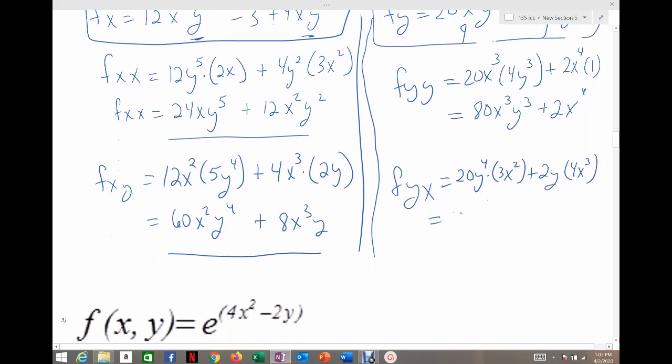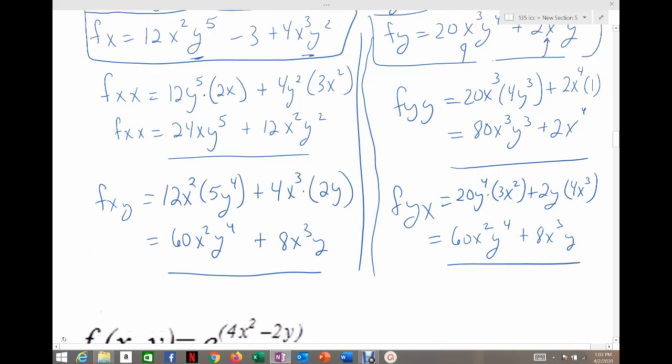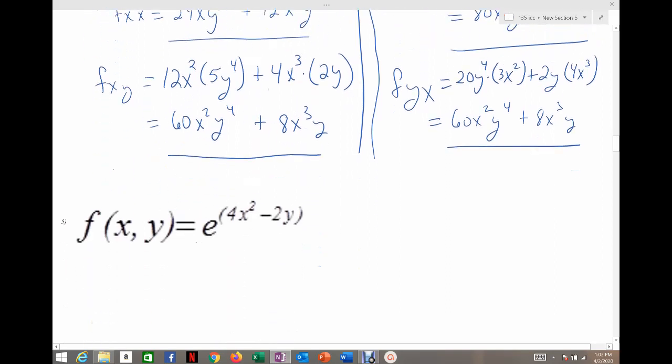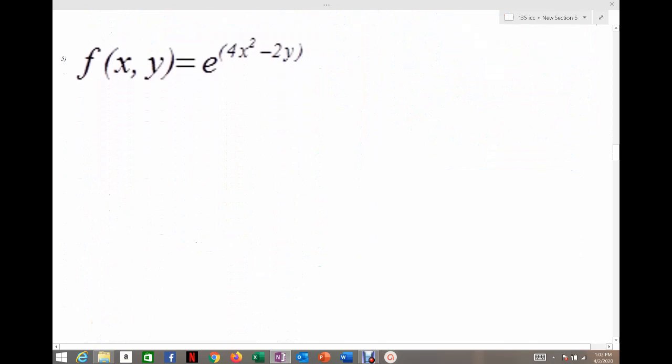I get 60x squared, y to the fourth, plus 8x cubed y, and it does match with the other one. So there are all 6 of my derivatives, right? My first derivatives and my 4 second derivatives. The last one, e raised to the 4x squared minus 2y, if you can't read that. For some reason, that one's a little blurry.